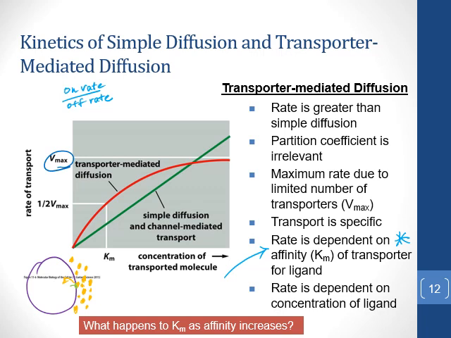In other words, a transporter with a low affinity for a molecule is going to have a high Km, a high concentration.